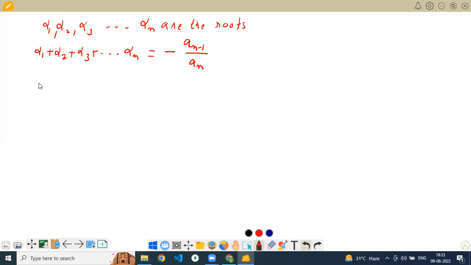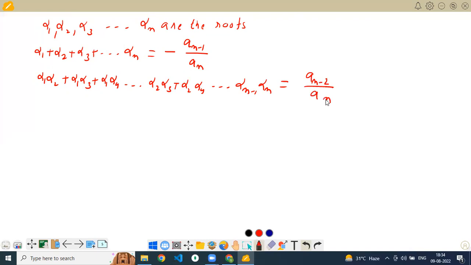Then I will say the sum of the product of two roots taken at a time, that is alpha 1 alpha 2 plus alpha 1 alpha 3 plus alpha 1 alpha 4 ... alpha 2 alpha 3 plus alpha 2 alpha 4 ... alpha (n-1) alpha n, is equal to a_(n-2) divided by a_n.